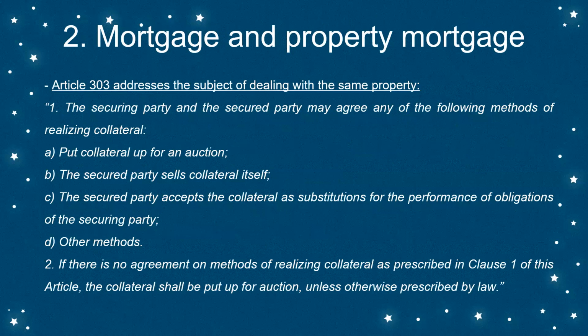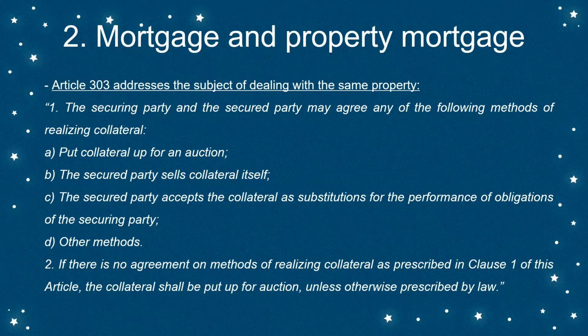Article 303 addresses the subject of dealing with the same property. The securing party and the secured party may agree on any of the following methods of realizing collateral: put the collateral up for auction; the secured party sells the collateral itself; or the secured party accepts the collateral as a substitute for the performance of the obligation of the securing party, and some other methods.